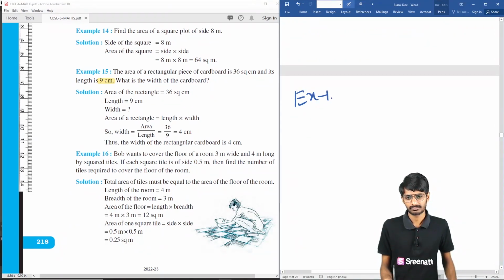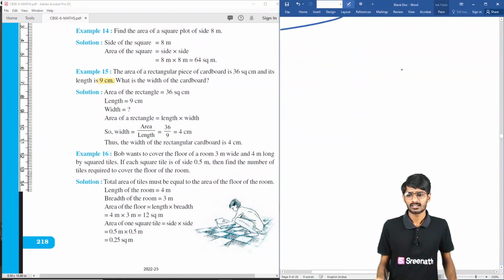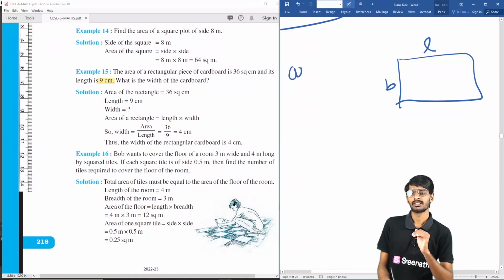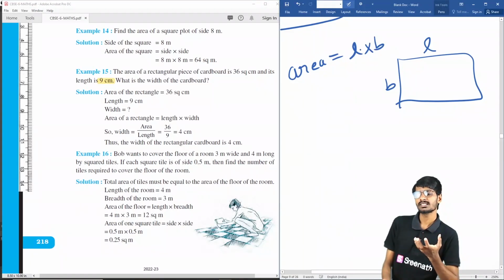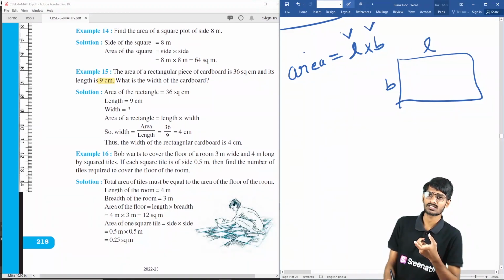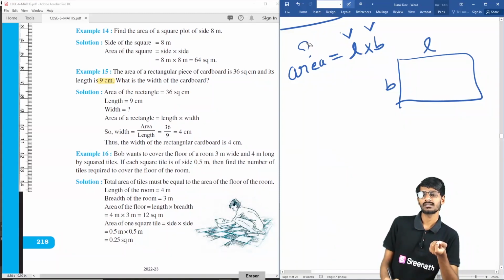Example 15. So students, if they have given the rectangle with the length and the breadth, and we want the area, that is nothing but L into B. Previously they have given L and B and we had to find the area. But here they have given the area and the length, and they didn't give the breadth.